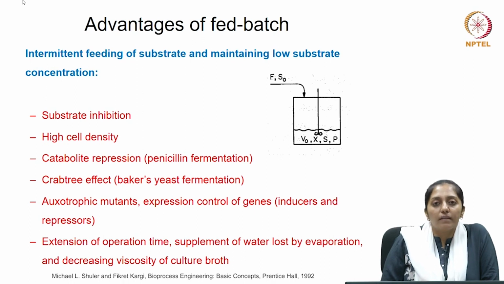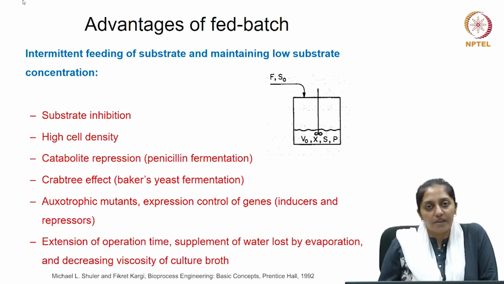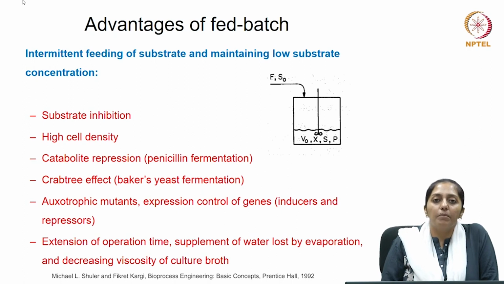So, to avoid that, the glucose concentration is kept under a limit by manipulating the inlet feed rate inside the reactor. Or in case of auxotrophic mutants, where one wants to control the expression of certain genes by manipulating the concentration of the inducers or repressors, that can be enabled using a fed batch process.